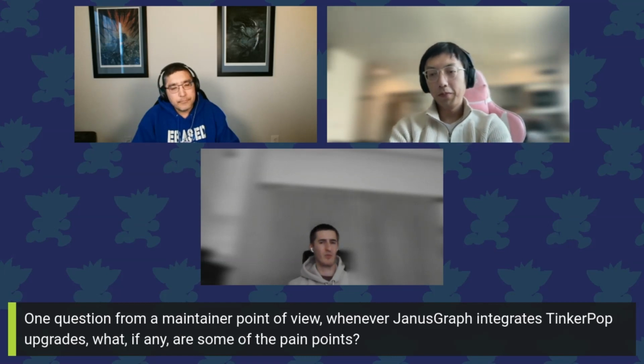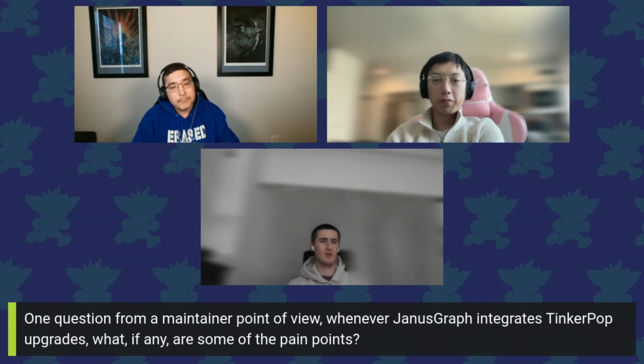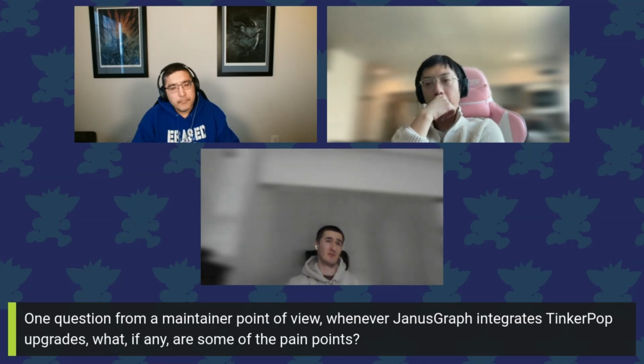For example, mergeV, mergeE. We didn't implement it yet, so you can't use it with JanusGraph. But I don't know how you can make it easier. It's just we were lazy.